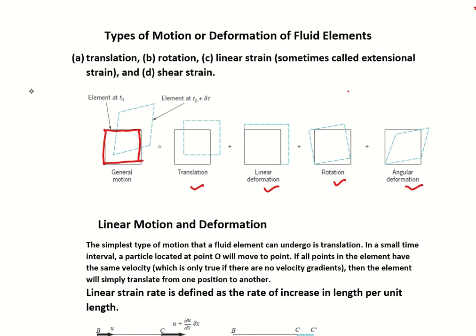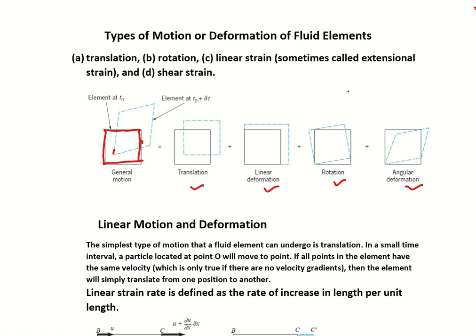Suppose this is the element of fluid which is passing through some flow field, and after a certain time, let's say after delta t time, it takes this position, which is shown with the help of this graph. So when it moves from this location to this location, what happens?